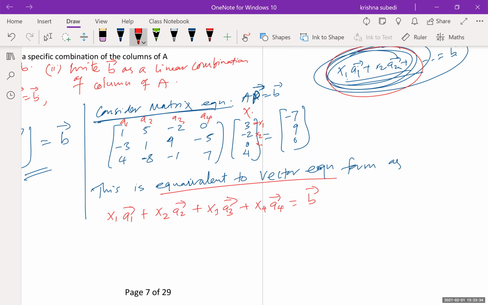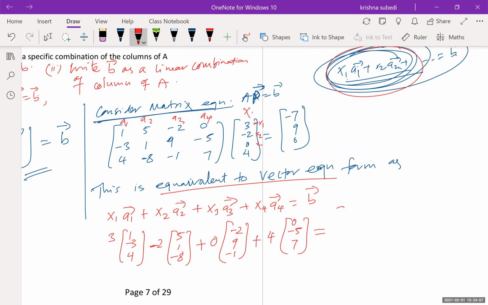So x1 is 3, A1 is 1, -3, 4, plus x2 is -2, and A2 is 5, 1, -8, plus x3, which is 0, and A3 is -2, 9, -1, plus x4, which is 4, and A4 is 0, -5, 7, equals B, which is -7, 9, and 0.